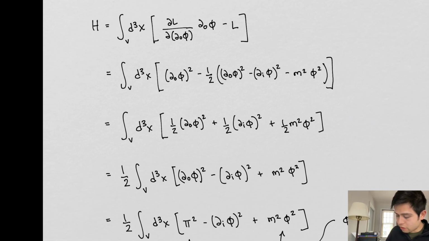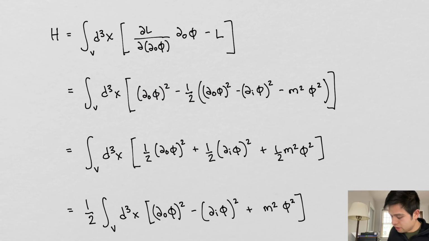If we recall, our Lagrangian looks something like this right here. And here is the derivative of our Lagrangian with respect to the derivative. Let me zoom in a little bit.